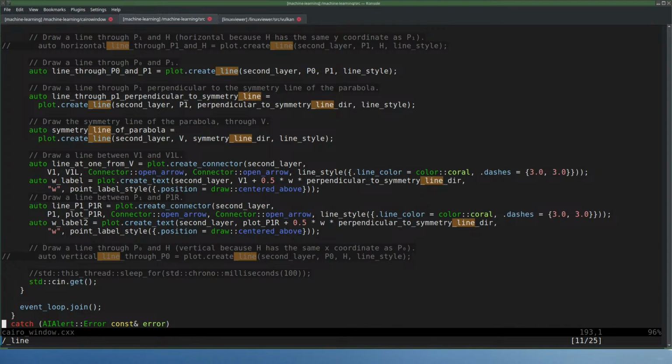Yeah, I don't even see it. Where's the line from P0 to P1? Oh, yeah. Draw a line through P0 and P1. Let's make this one solid.